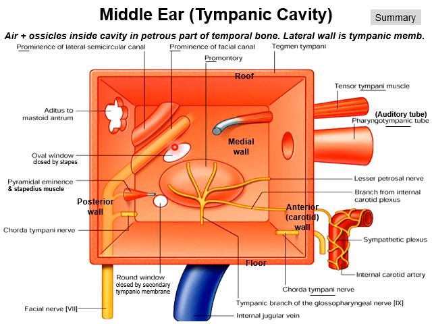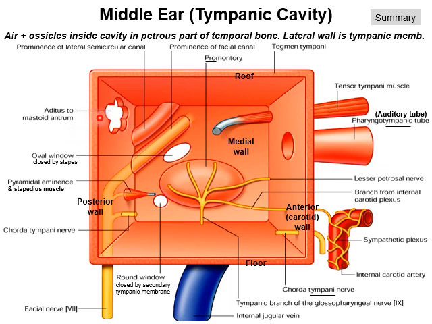The middle ear or tympanic cavity is a box, as I mentioned, that has 6 walls: the roof, which is made by the tegmen tympani; the floor, which is related to the internal jugular vein; the anterior wall, which is related to the internal carotid artery, and it has an opening for the auditory tube or pharyngotympanic tube, and it has an opening for the course of the tensor tympani muscle.